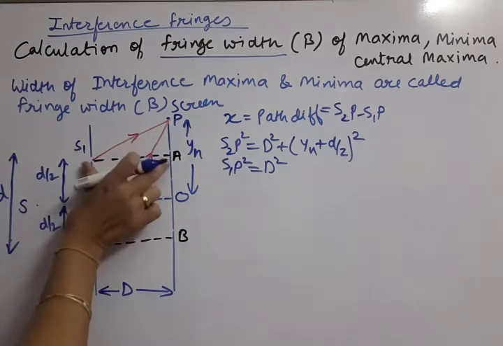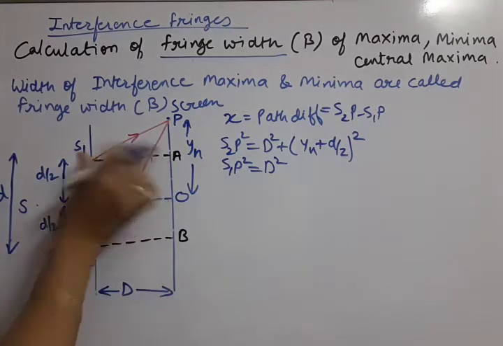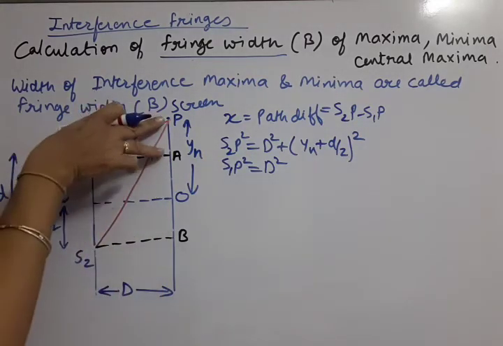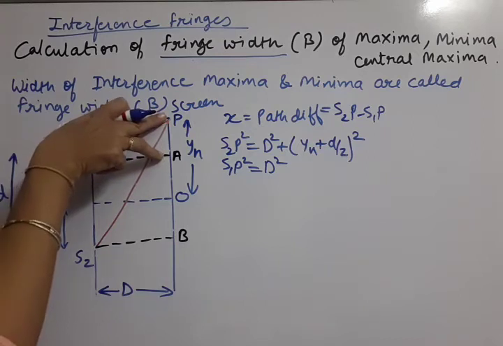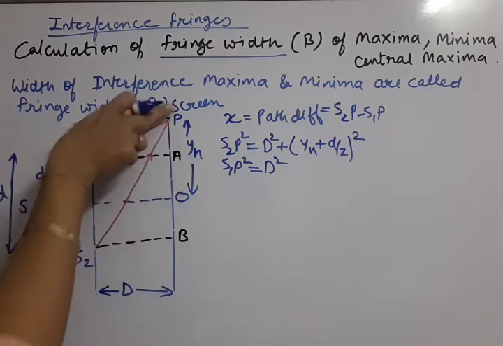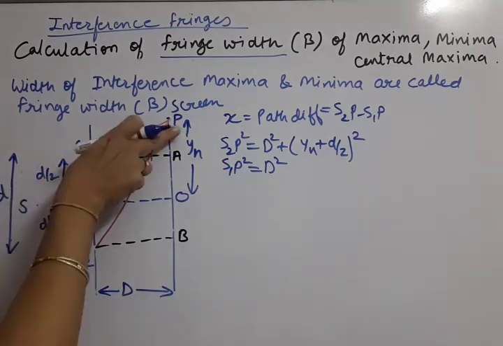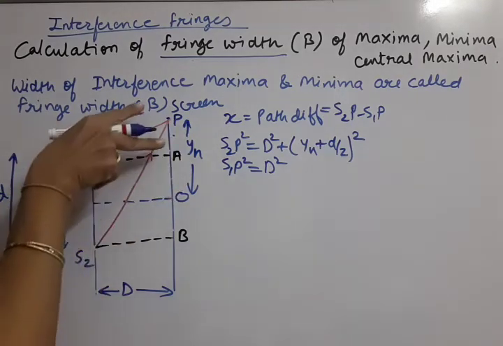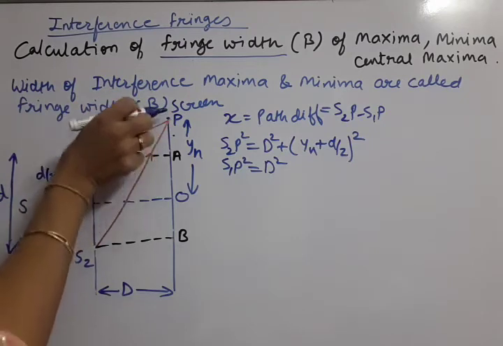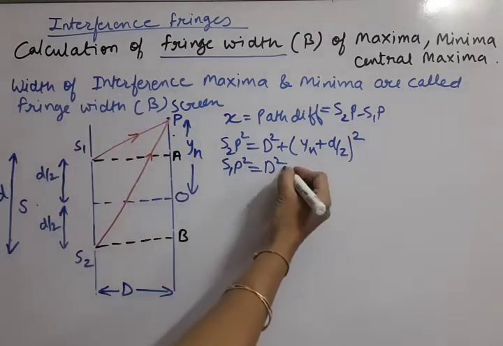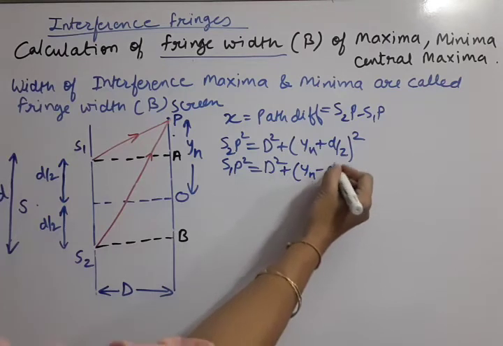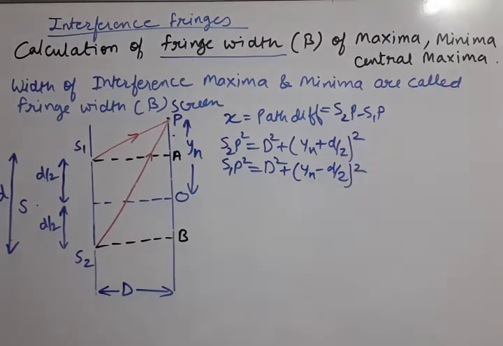Base is D, so D square, and now the distance AP. O to P is yn and O to A is d by 2, so the A to P distance, which is the perpendicular, becomes yn minus d by 2, whole square.